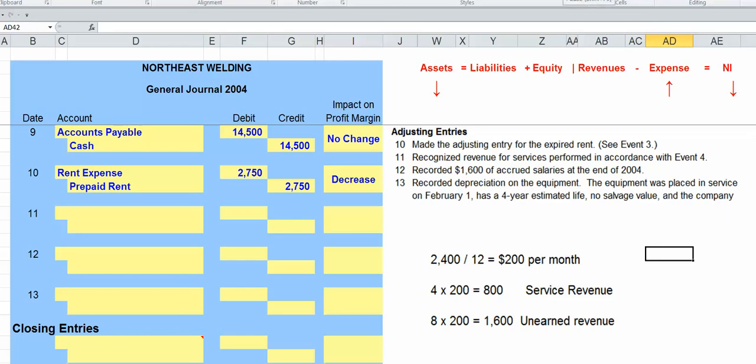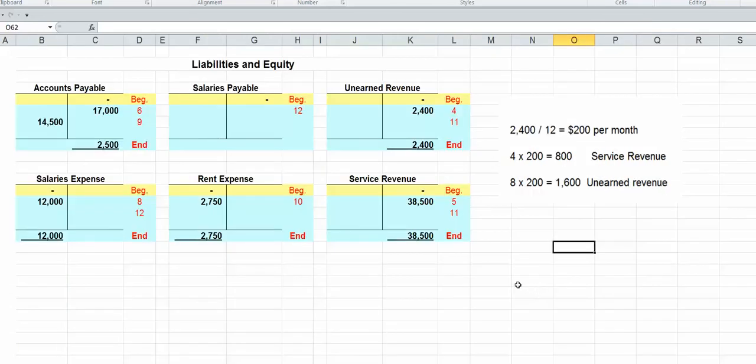Let's go ahead again and take a look at our T accounts. In looking at the T accounts for both unearned revenue and service revenue, we can illustrate why it's often easier in terms of adjusting entries to take a balance sheet approach. Our service revenue account, we said from this contract, should be $800. And we know that since we only had one other transaction, we have not recorded this revenue.